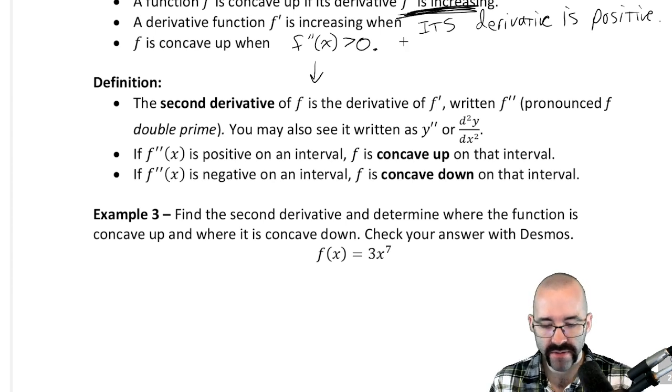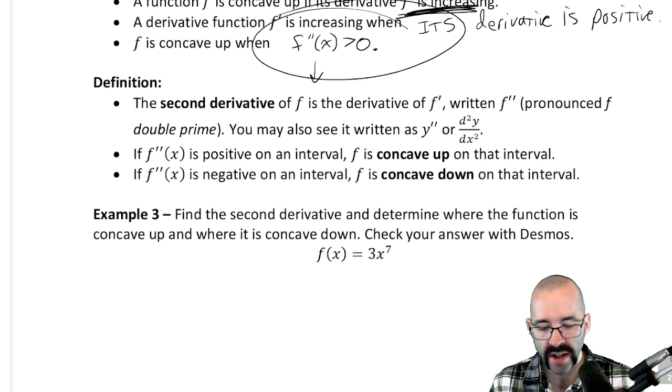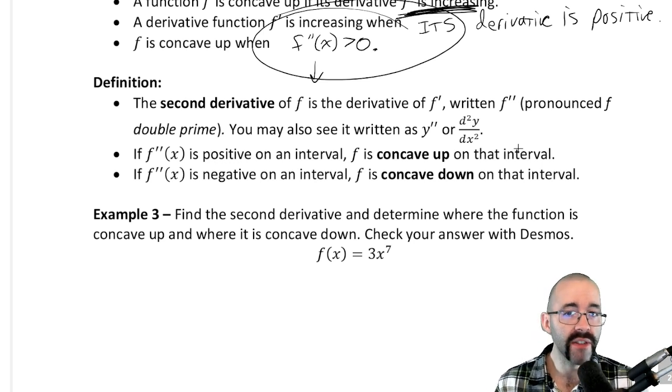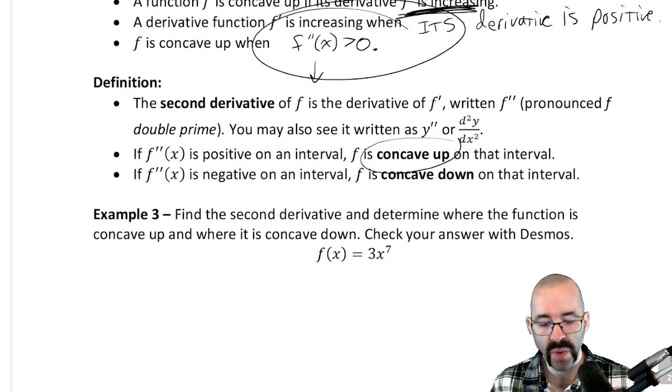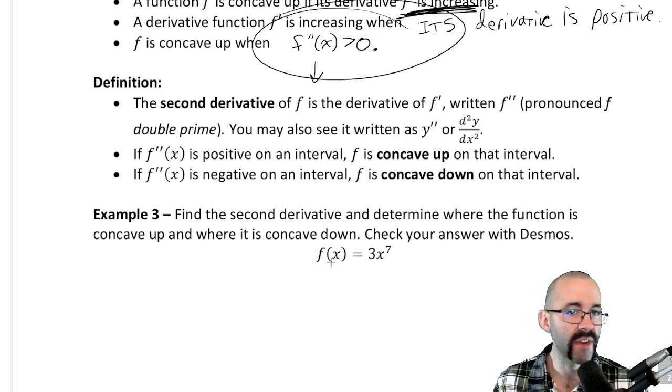So to talk about what this is, we have a new way that we can check for concavity. If the second derivative is positive, we have concave up. The second derivative is negative, we have concave down. Okay.